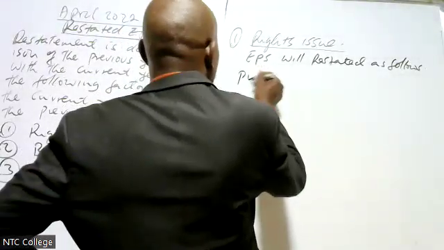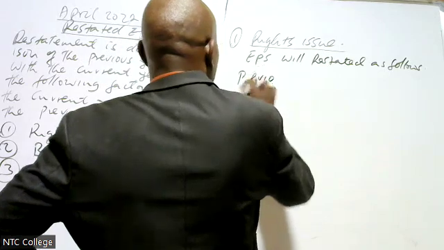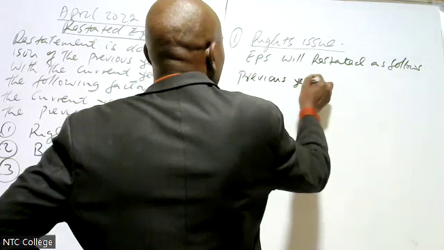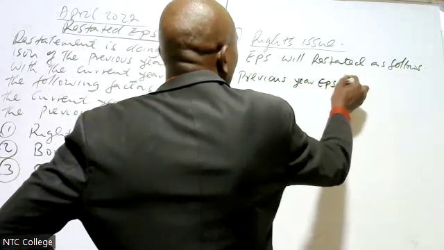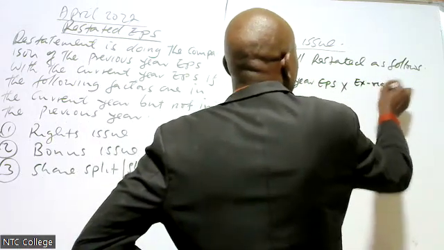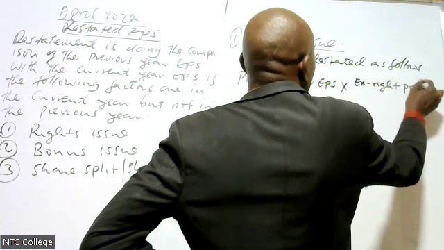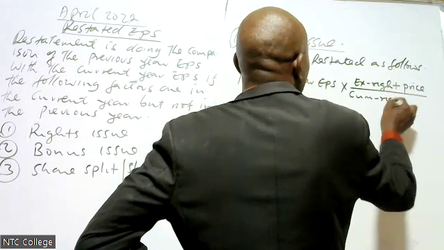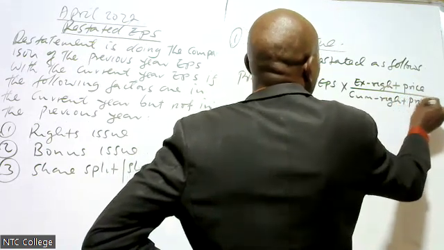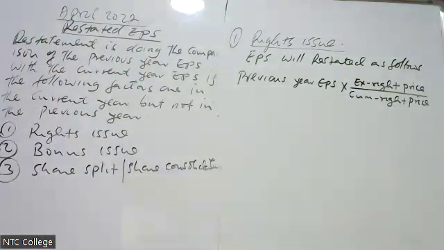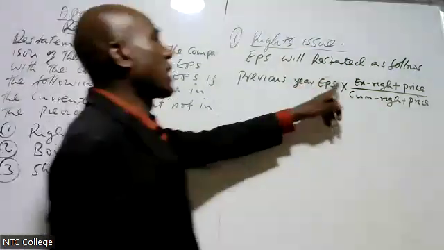You take the previous year EPS, you multiply by this factor, X right price over cum right price, the theoretical X right price and the cum right price.